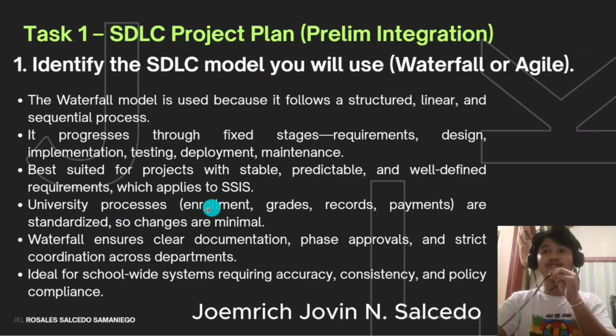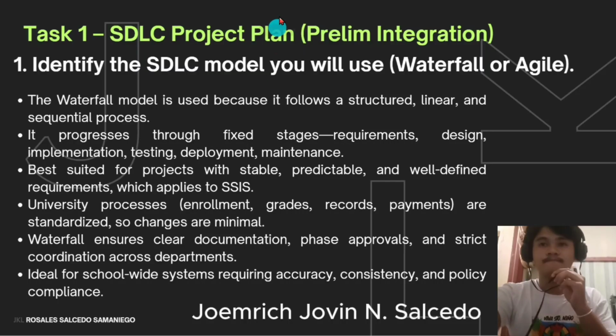Each phase, requirements gathering, design, implementation, testing, deployment, and maintenance, is completed fully before moving to the next, ensuring clarity, control, and consistency. Since student processes such as enrollment, grades, payments, and records follow fixed university policies, requirements are predictable and changes are minimal, making waterfall the most appropriate and reliable methodology.